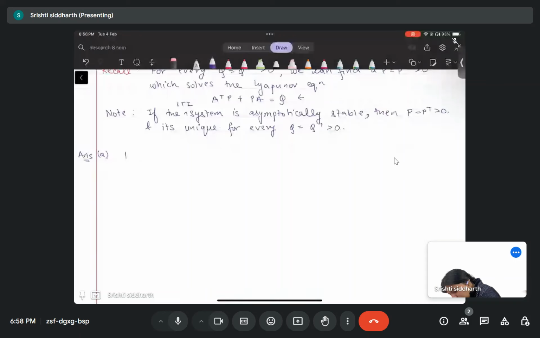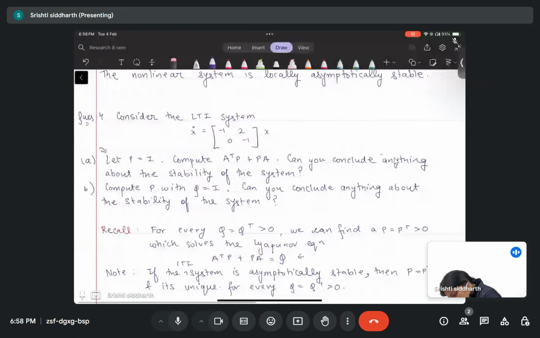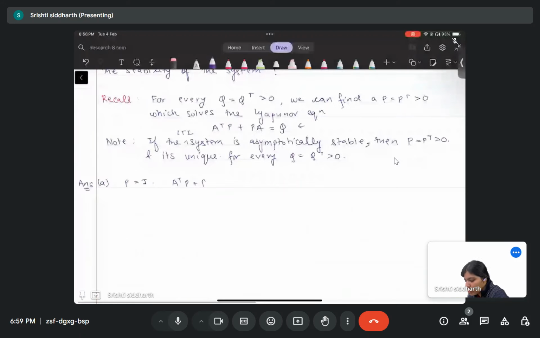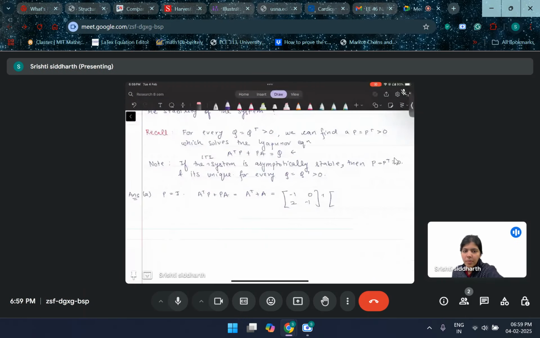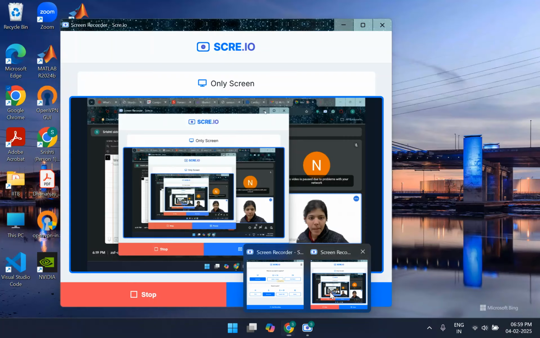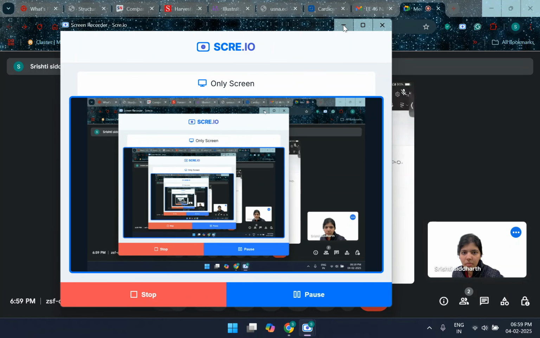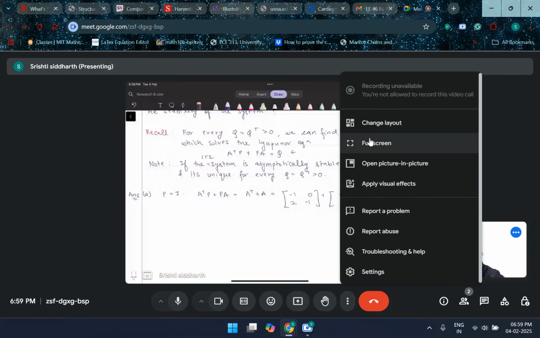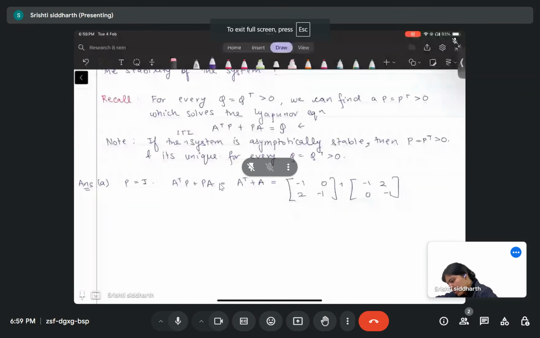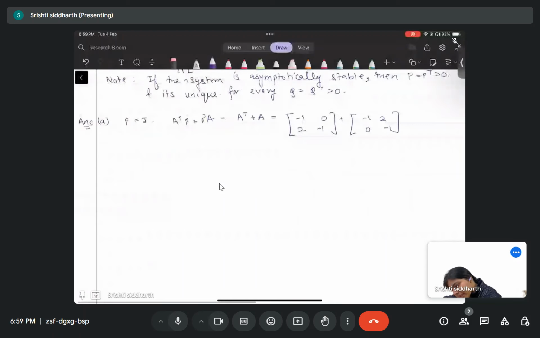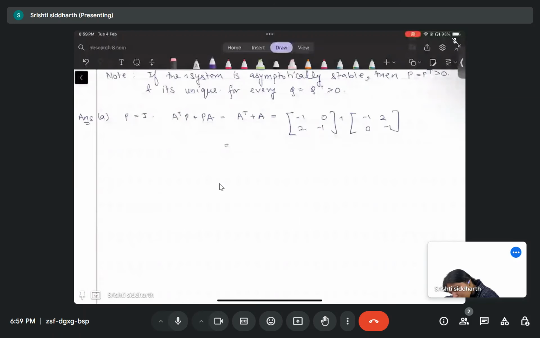P is identity, and the matrix equation is A transpose P plus PA, which is A transpose plus A. Okay, so we have minus 1, 2, 0, minus 1 transposed plus minus 1, 2, 0, minus 1. This is minus 2, 2, 2, minus 2.